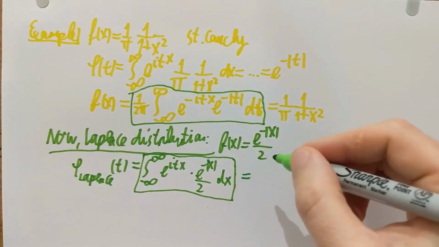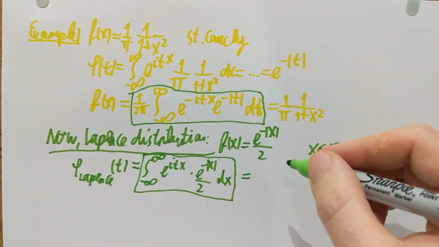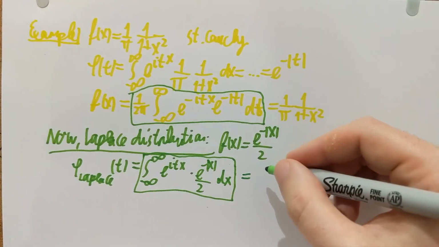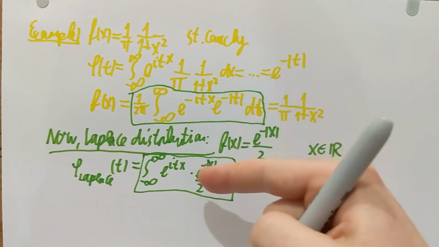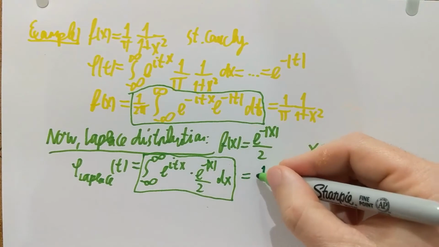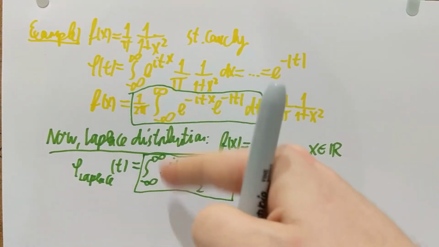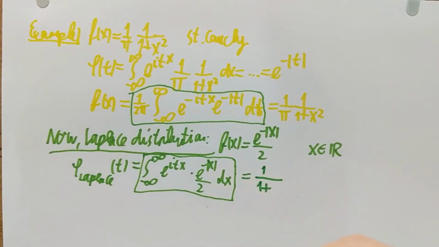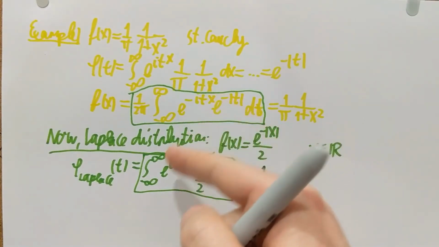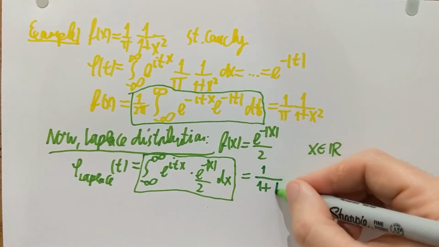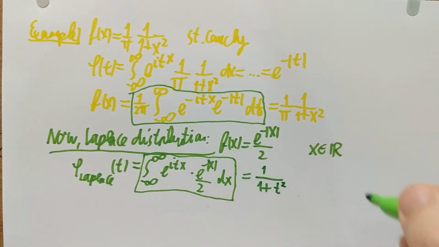So exactly the same way as before, what we can find from here is that we have 1 over 1 plus t square. The 1 over pi is not there, so the difference between these two is the pi factor, which I didn't have here. And I also have to swap the roles of x and t, so instead of 1 over 1 plus x square, I just have 1 over 1 plus t square.